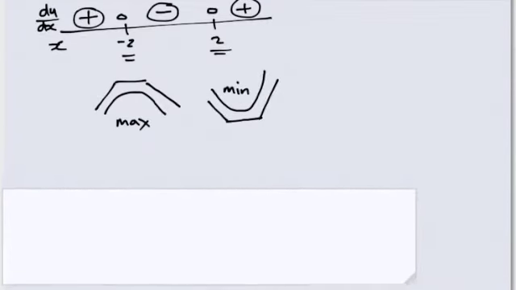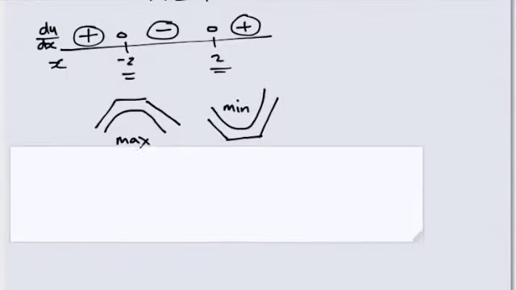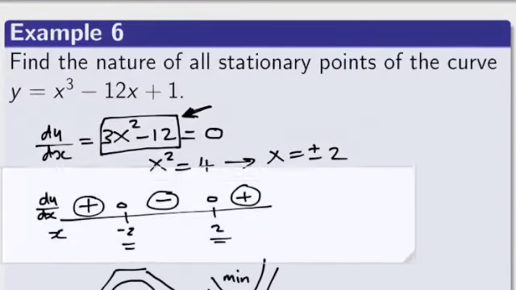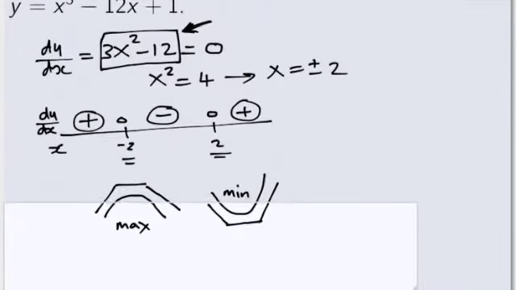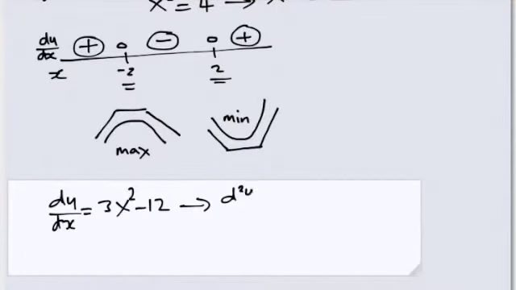Now to determine if there are any points of inflection, we need to differentiate dy/dx once more. So dy/dx is 3x squared minus 12. If we differentiate it once more, we obtain the second derivative of y with respect to x, which is 6x, and at x equal to 0, the second derivative is 0.